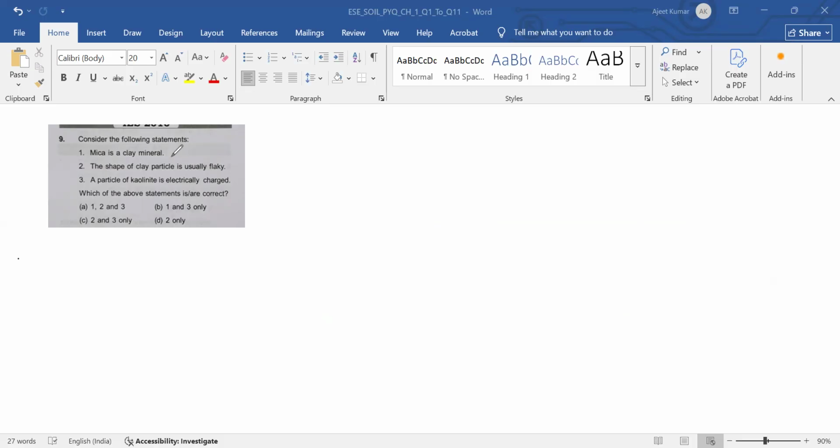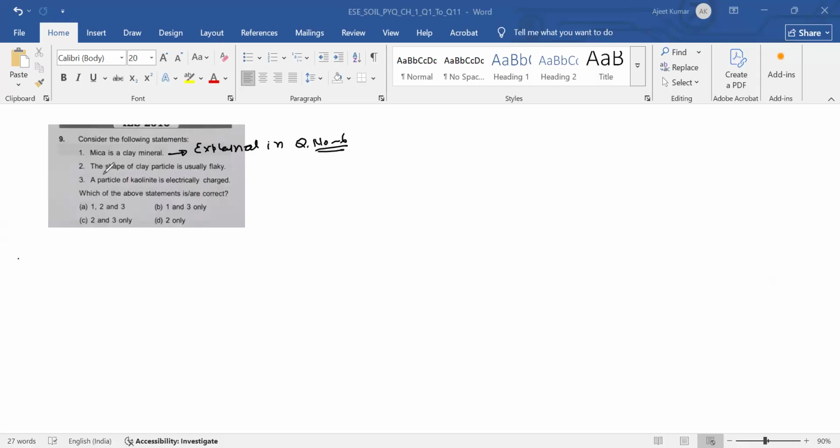The clay minerals are illite, montmorillonite, and kaolinite. But mica is not a clay mineral; it is a rock forming mineral. This statement was already explained in question number 6.